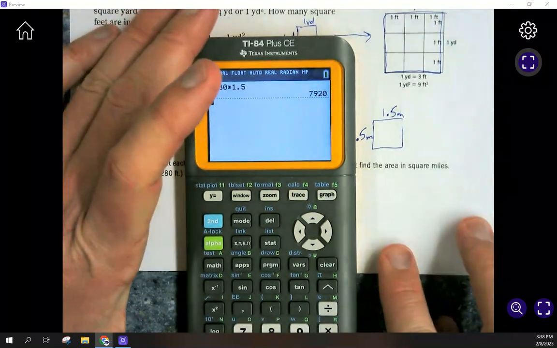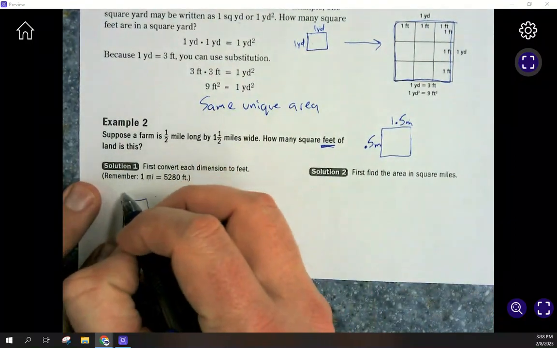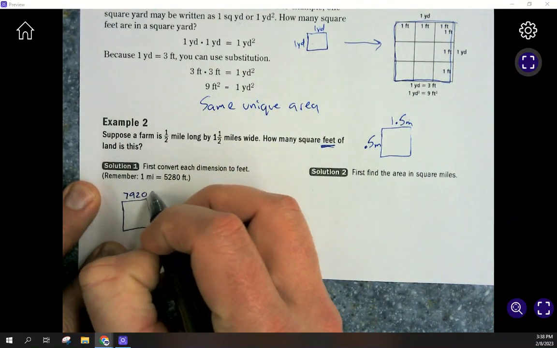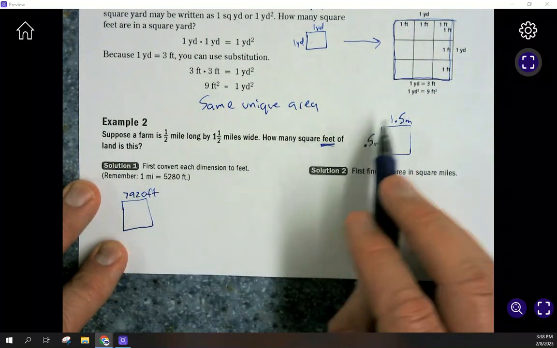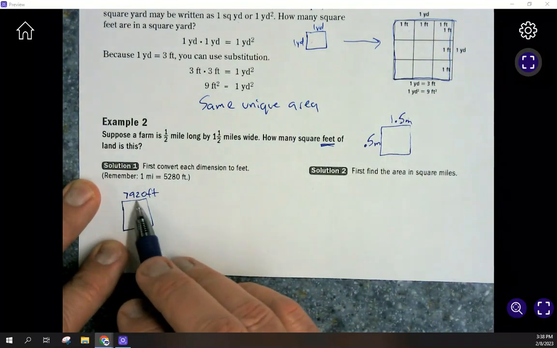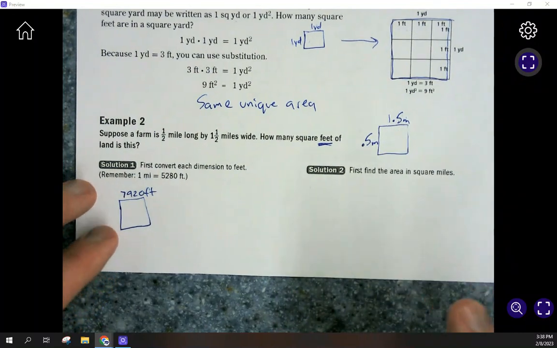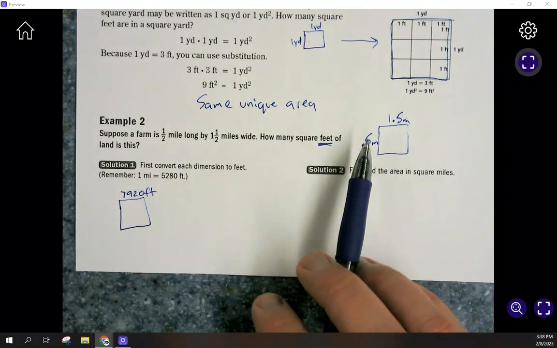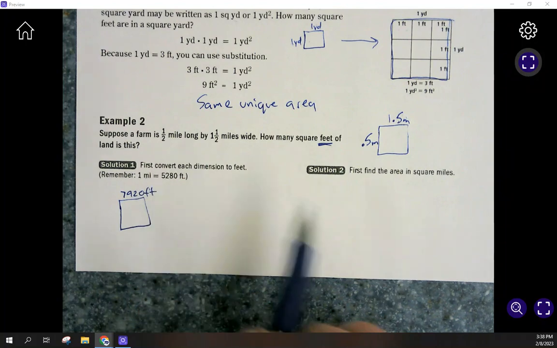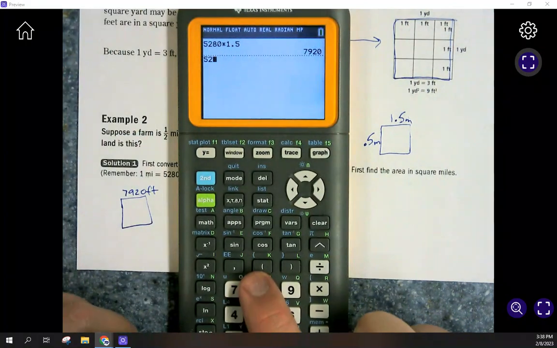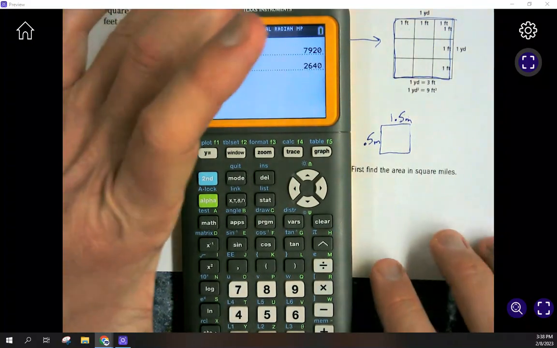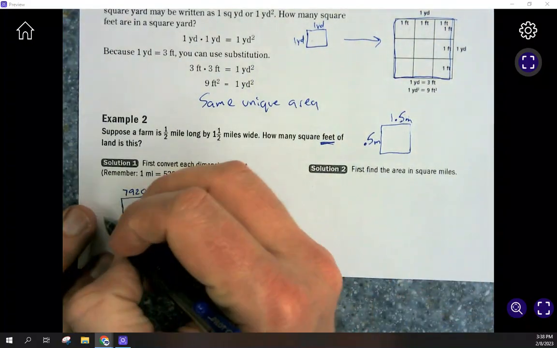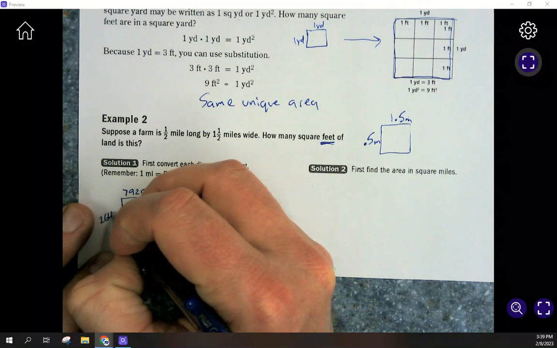So that's equal to 7,920 feet. So I've simply just converted this. I'm not talking about the area yet. I'm just talking about the length. And then I'll do the same thing with 0.5. 0.5 miles will be half of this number. So 5280 times 0.5, or of course you could divide by 2. It's 2640 feet.